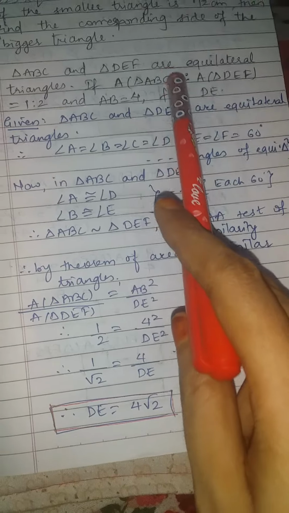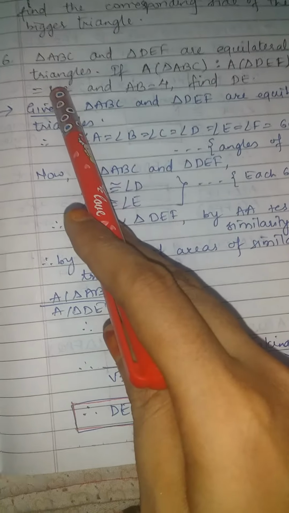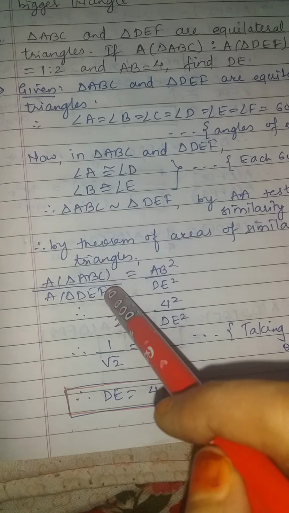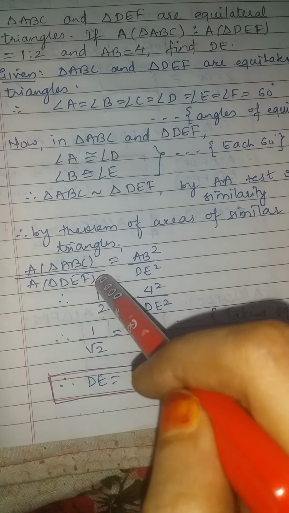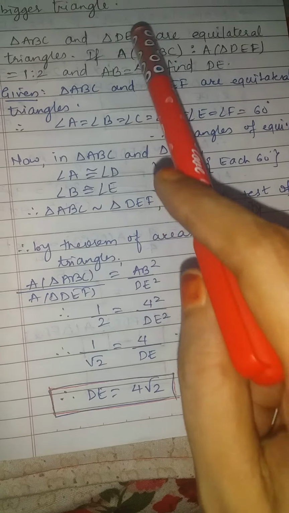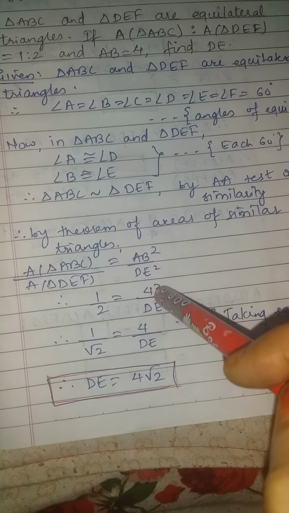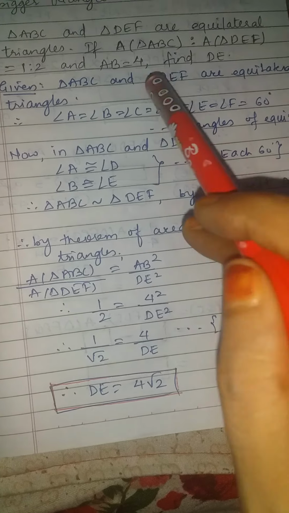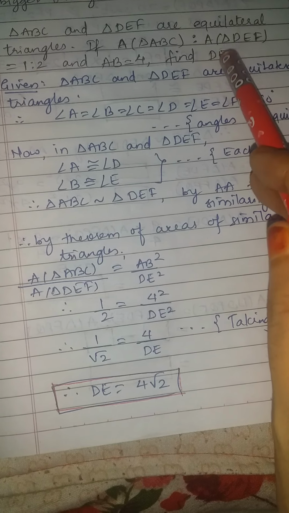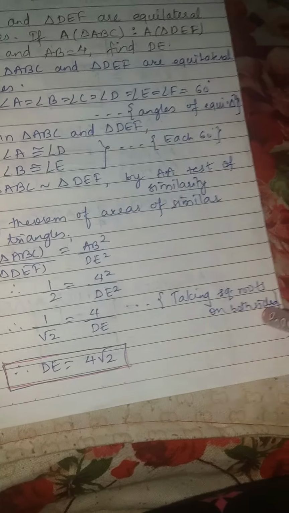Now, the ratio of the areas is already given as 1:2 in the question. So, we will write it over here. 1 upon 2 is equal to, the value of AB is given as 4, so we write 4 square, that is AB square, upon DE square, which we are supposed to find. Let us take the square roots on both sides.